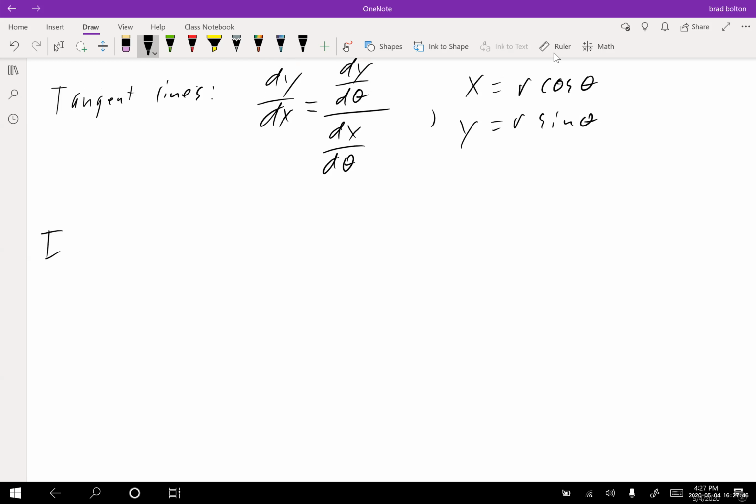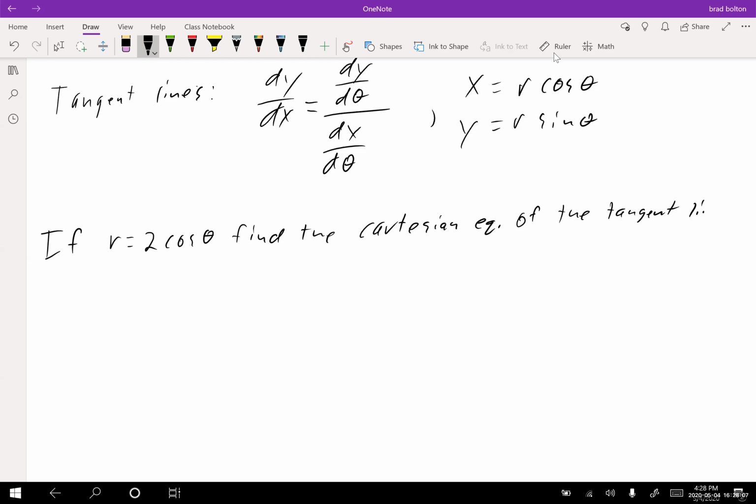It says, if r equals 2 cosine theta, find the Cartesian equation of the tangent line when theta equals pi over 3.